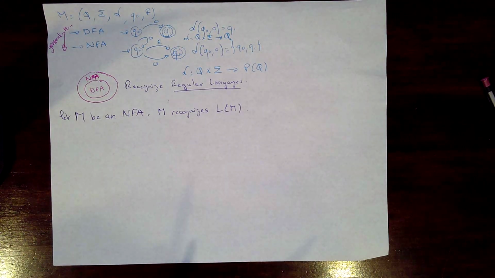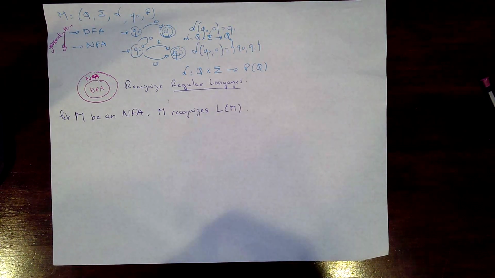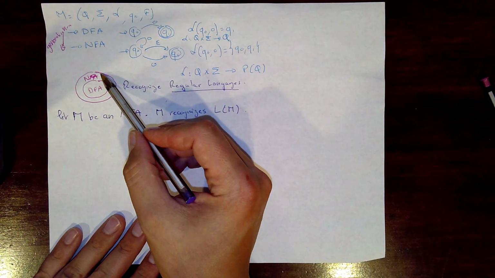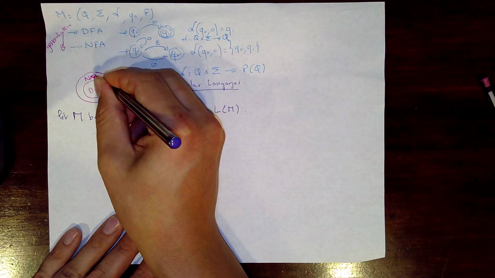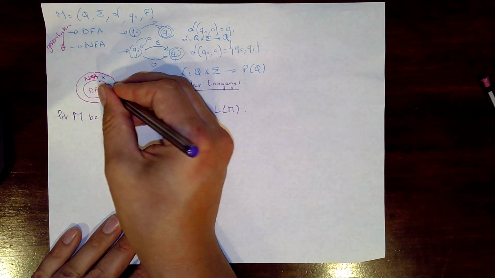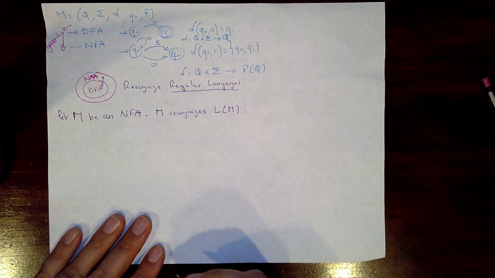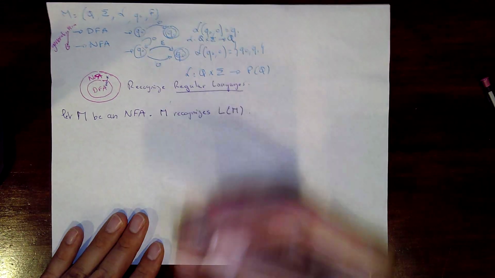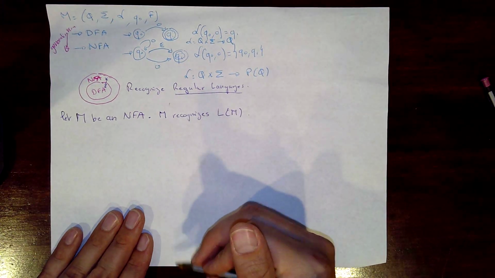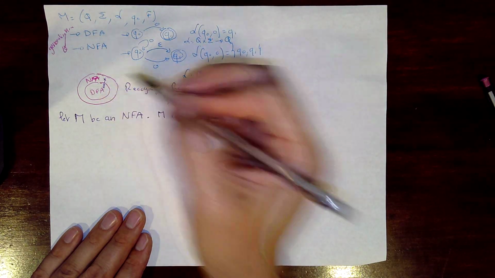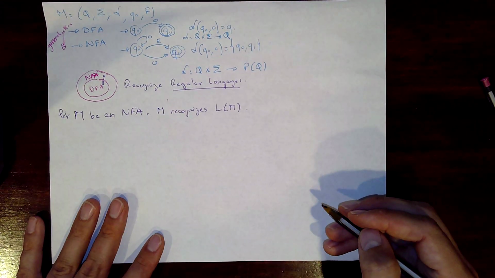To prove that this is true, we need to prove that there is absolutely no automaton here that doesn't have an equivalent here that can recognize exactly the same language. So the proof to show that they are equivalent is that for any NFA there is at least one equivalent DFA that recognizes exactly the same language.